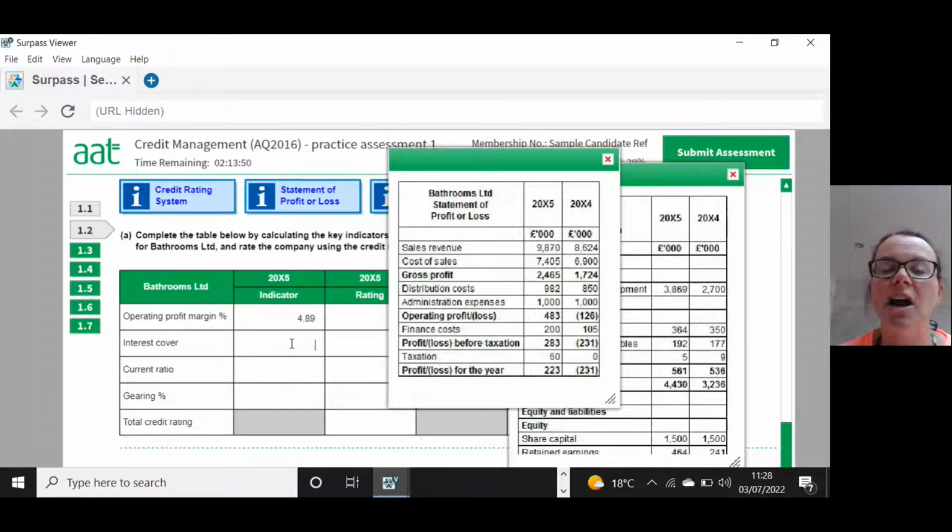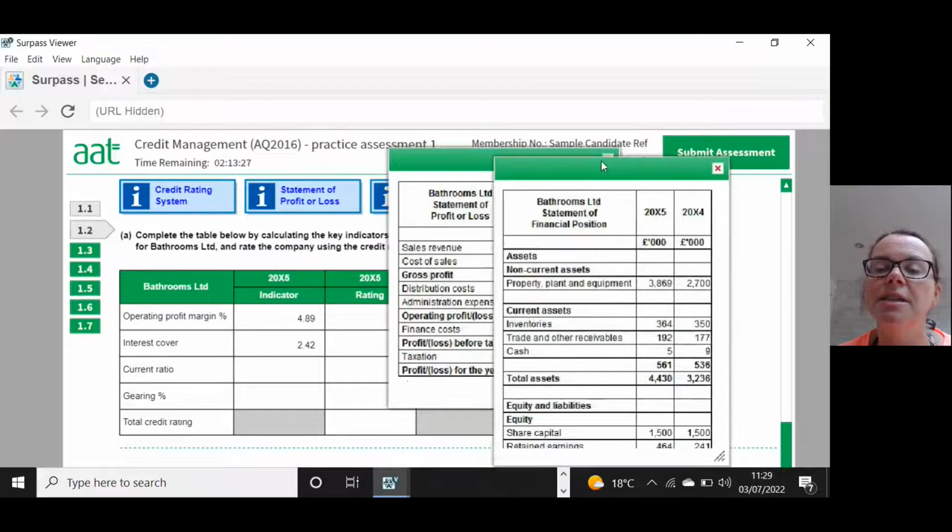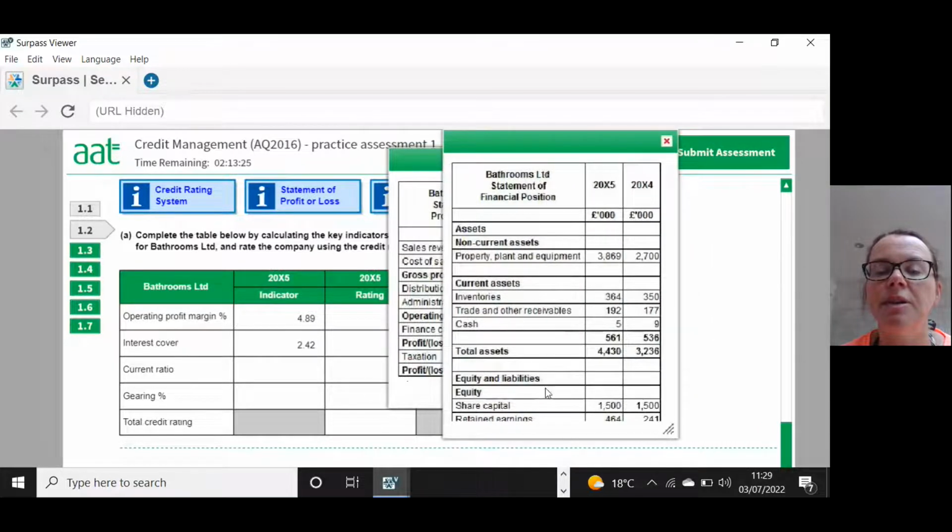My interest cover, so that's going to be my operating profit or loss, divided by my finance costs, not times 100 this time because the measurement is 2.42 times. Our profit covers our interest 2.42 times, whereas that top one is a percentage. Current ratio then, coming to the statement of financial position.